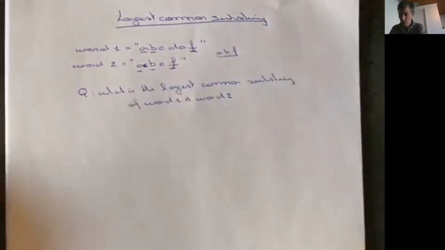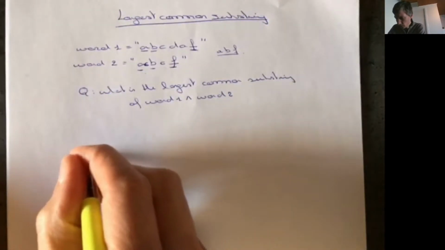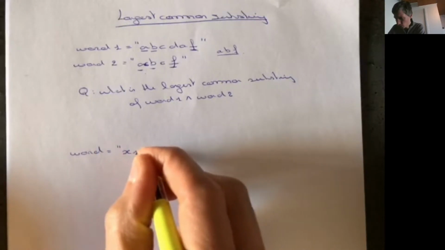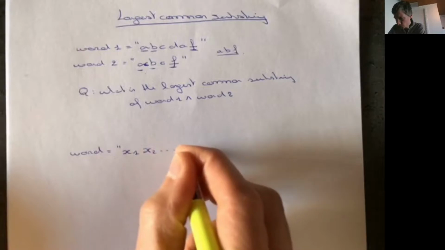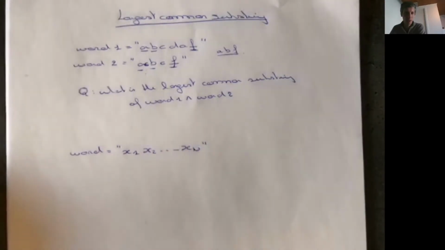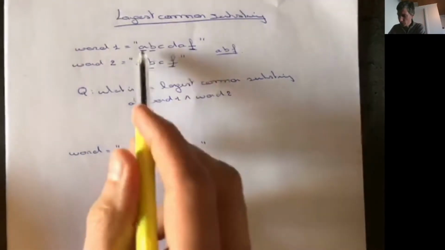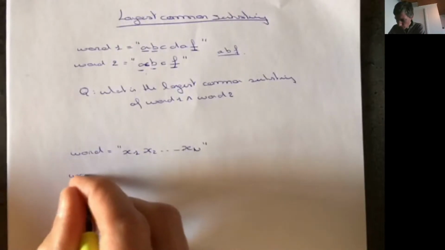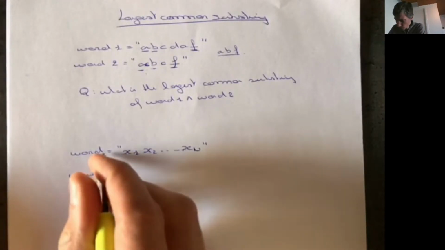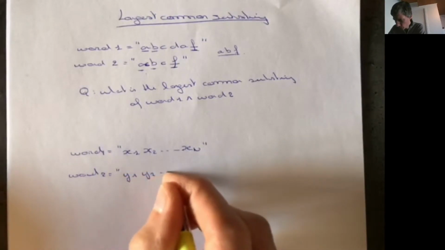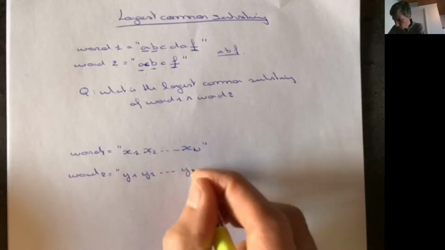So in order to do this, instead of using these letters, let me say that word 1 is just a combination of letters, and let me call the first letter x1, the second one x2, and so on. Assume that I have in total big N letters in this word. So x1 is here A, x2 is here B, and so on. And for word 2, I have the same thing, but y1, y2, and so on until ym.